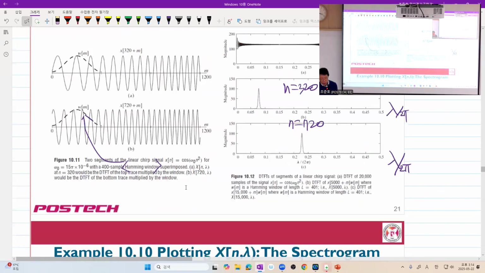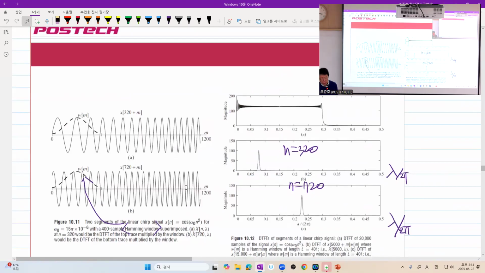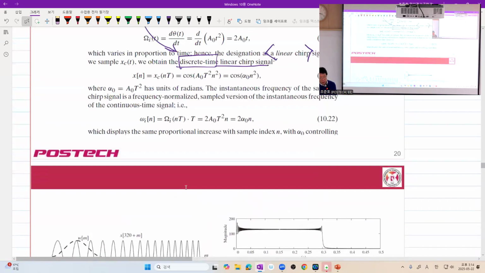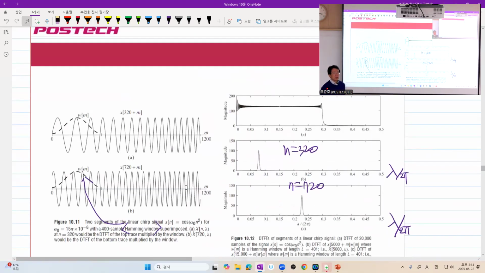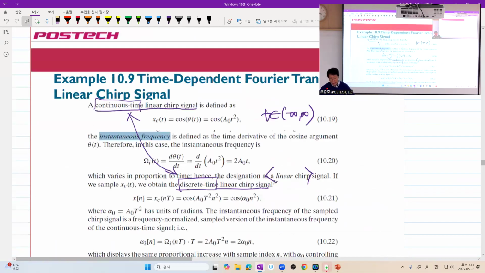So what we have is something like this one. Suppose our input signal is a linear chirp signal. By the way, about the chirp, I already explained what chirping is. And the simplest chirp signal really has unlimited duration and infinitely increasing frequency.